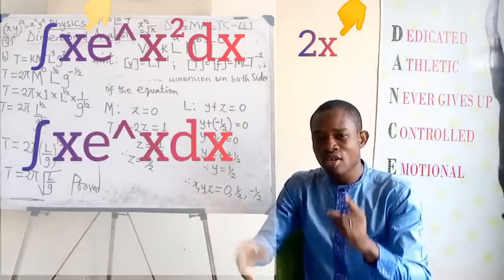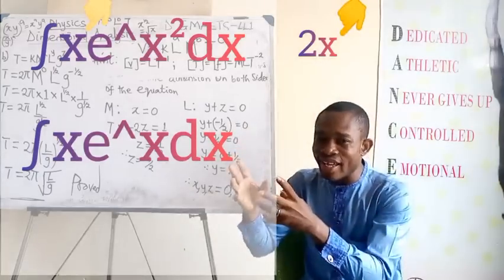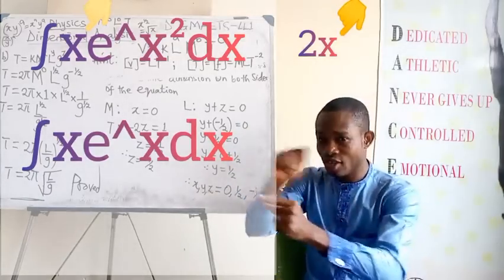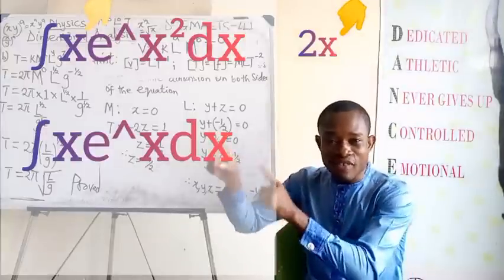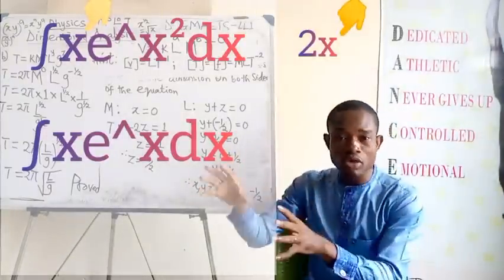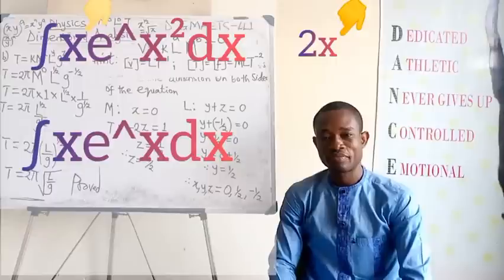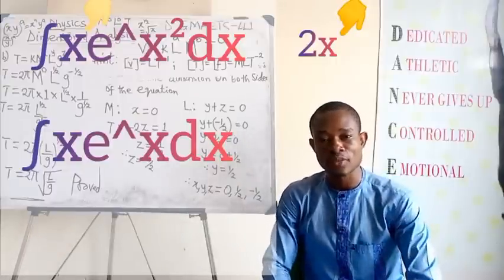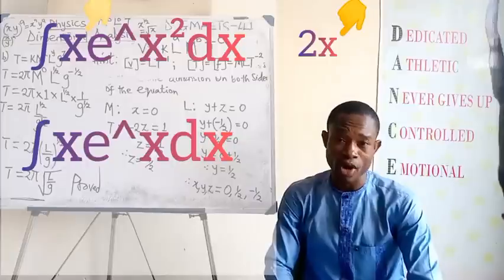Are you following, right? Maybe the x you are going to get there, the power will be greater. Take note of it. Key point. The power of the derivative will be what? Greater than the x that is multiplying the exponential. Once that case is also observed, it means that U-substitution can solve that problem.